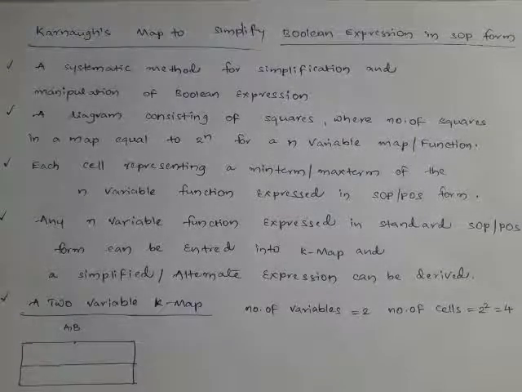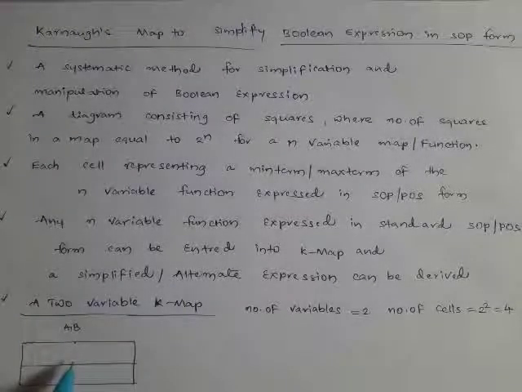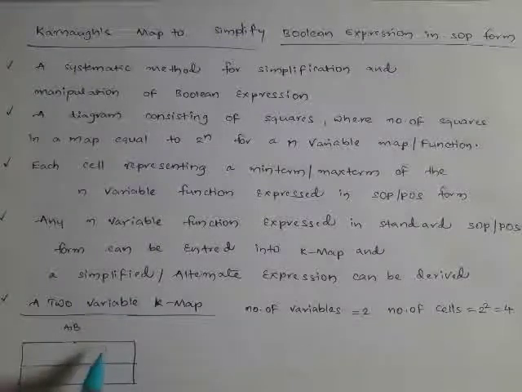So the number of cells must be 4 in a K-map.